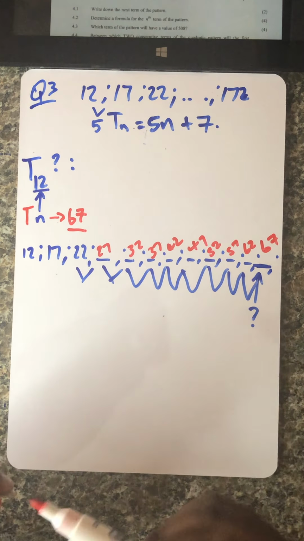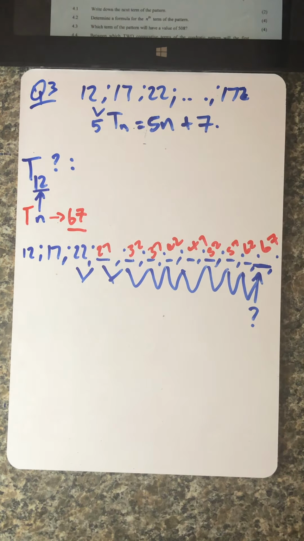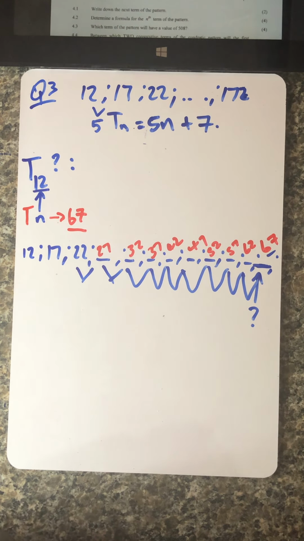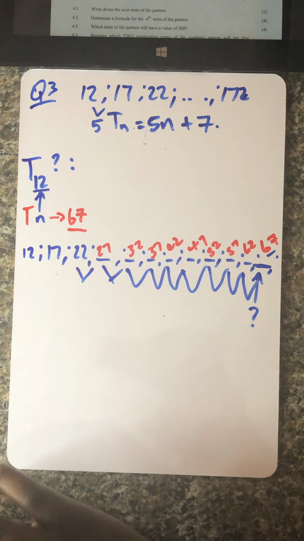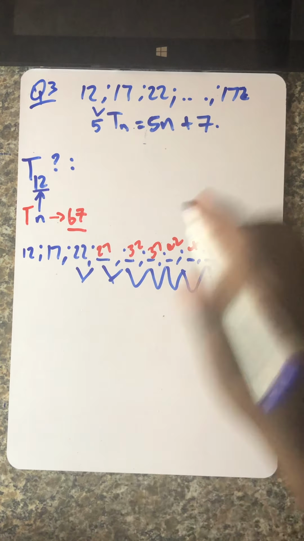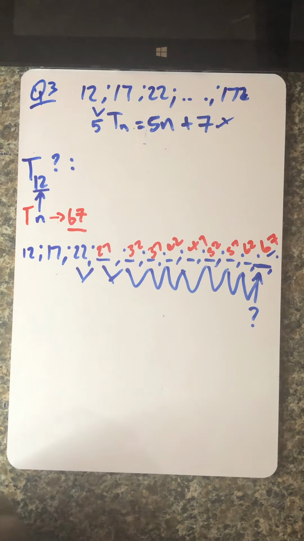So ladies and gentlemen, that means when we use this formula to calculate term 12, we should get 67. If we don't get 67, then it means this formula is not a shortcut for this chapter. And again, it will mean my general formula, or my TN formula, is not correct.